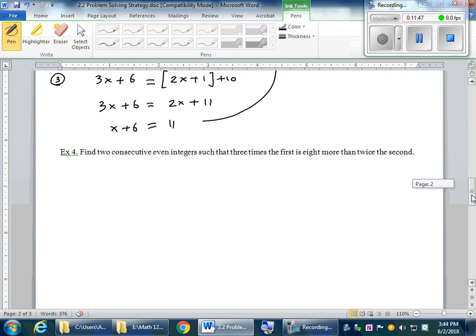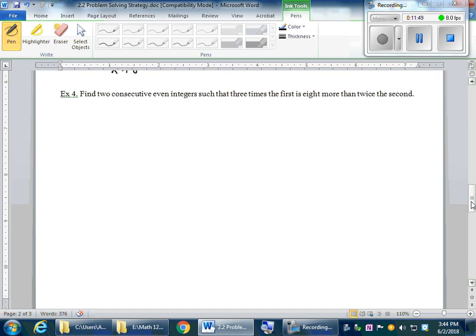Example 4. Find two consecutive even integers such that 3 times the first is 8 more than twice the second. So in this case, what we don't know is two consecutive even integers. This is very important, even.